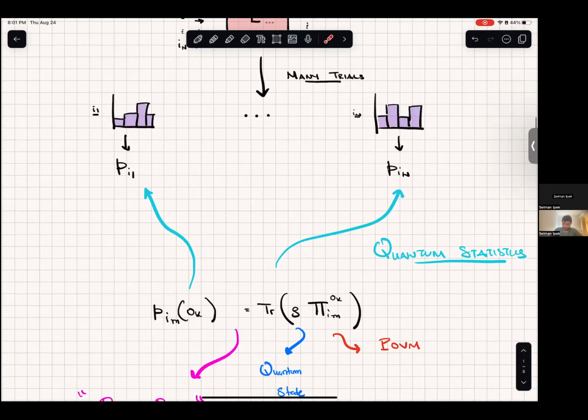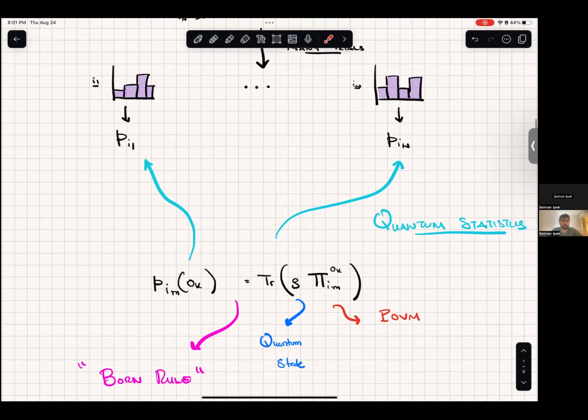Now, we're not going to talk too much about the quantum end today. Suffice to say that we can think of quantum systems in a landscape of physical systems, and quantum systems have the particular property that you obtain these probabilities that you get in this scenario using a particular set of rules with a thing called a quantum state, and then some sort of positive operator valued measure.